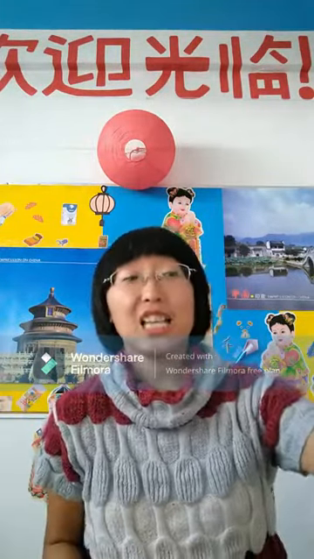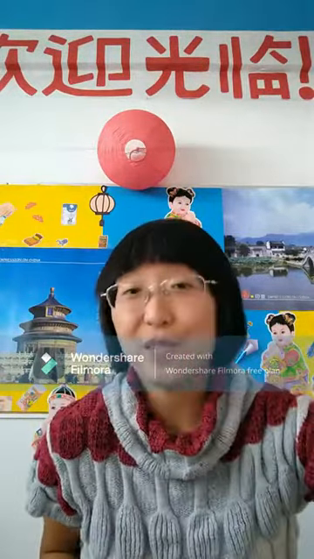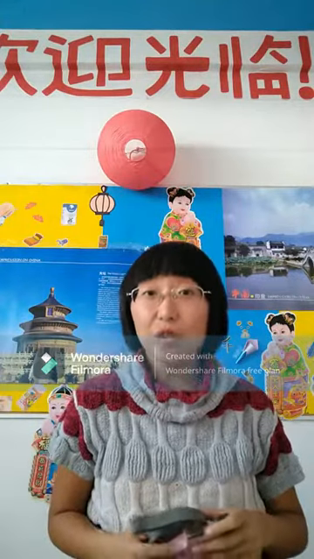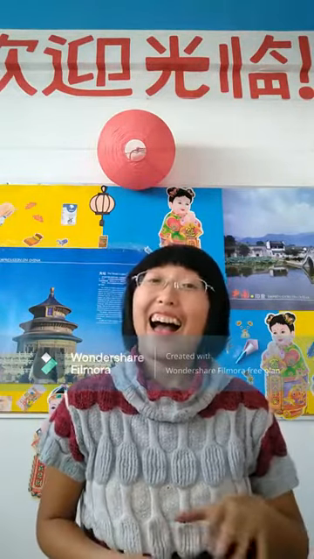And speaking of Chinese New Year, I think we also need to introduce the students to the 12 Chinese zodiacs, the 12 Chinese animal signs. In Chinese, we call it 12生肖.